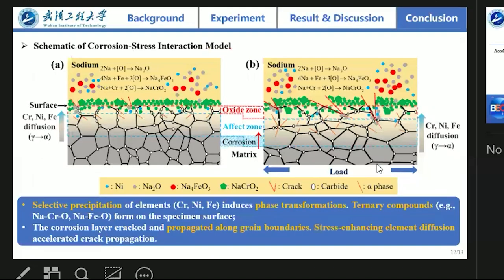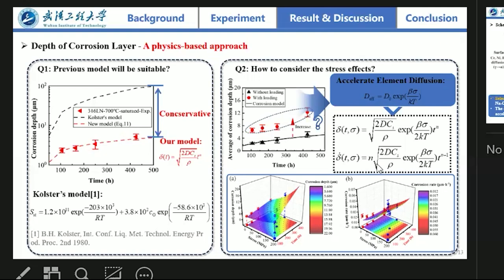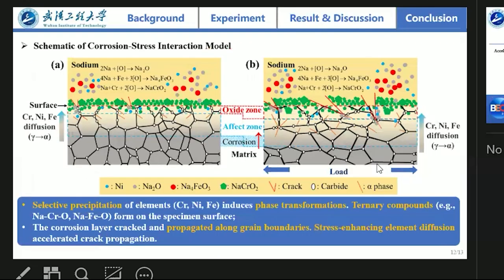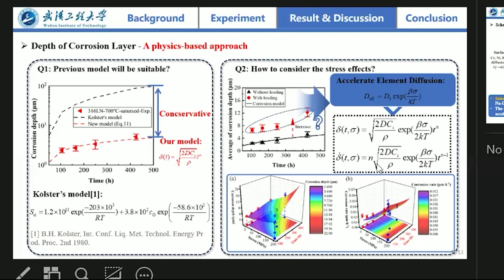We compared it with the results. The red point is the experimental result, and the black dotted line is the previous model. We can see it is too conservative, so we modify this model and use a physics-based approach to fit this result. You can see in this equation.